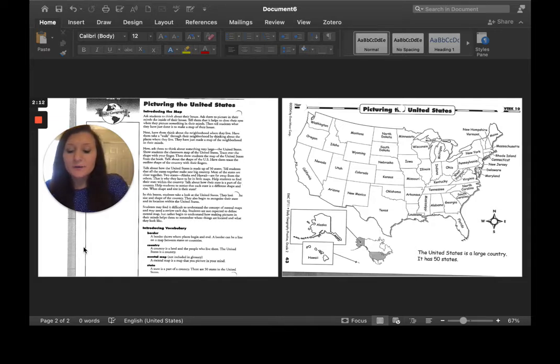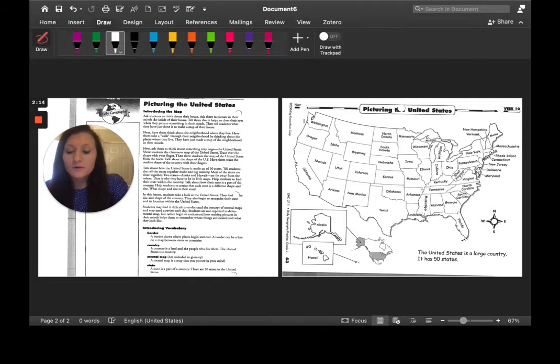So the first thing that we're going to do is outline the border of the whole United States. Just like we did with that map of Ohio, we are going to do the same thing now for the whole United States.